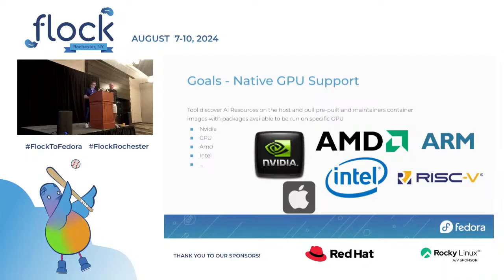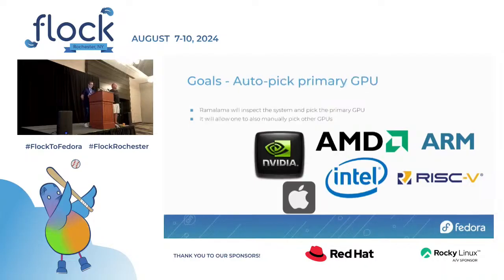One of the interesting things in the AI world is actually how to turn on the GPUs on your individual machine, and we had talks this week about issues doing that. So one of the goals of this project is to discover what the native GPU on the system is, and then download a container image with the appropriate libraries for actually activating that GPU. So taking that guesswork out of a person's hands and building it into the tooling.